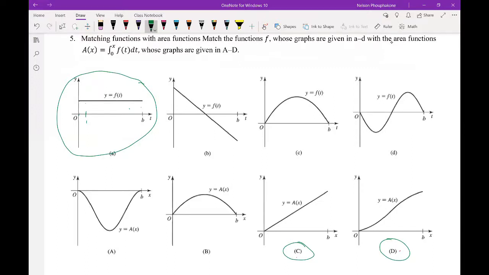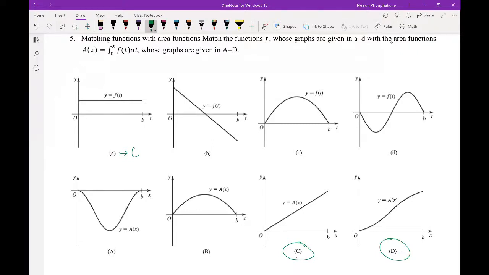The area is increasing at a constant rate here. So I believe this one matches to C. C is the one.